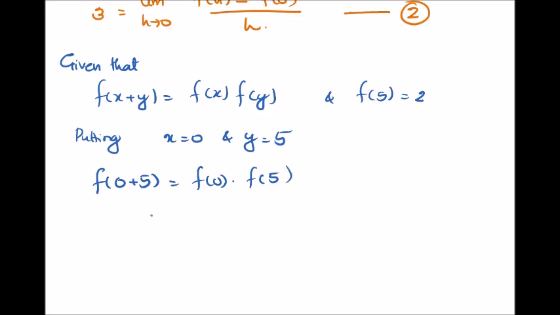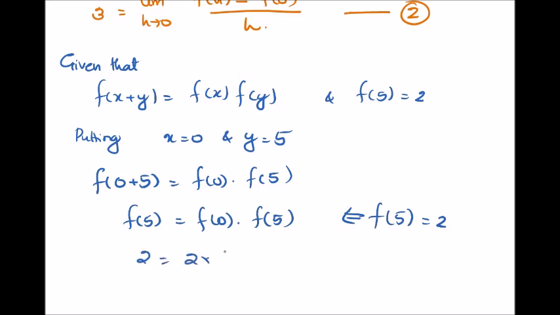That is f of 5 is equal to f of 0 into f of 5. Putting f of 5 is equal to 2, 2 is equal to 2 into f of 0. That is f of 0 is equal to 1.